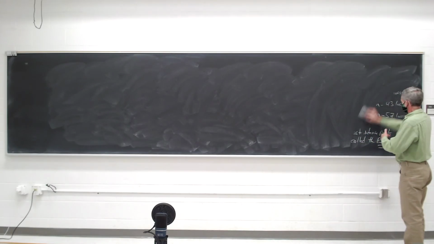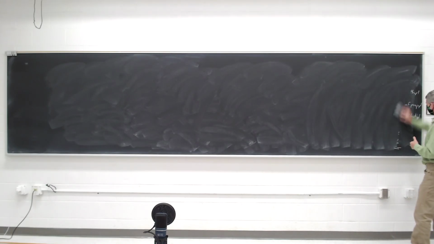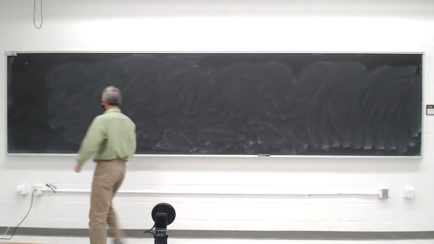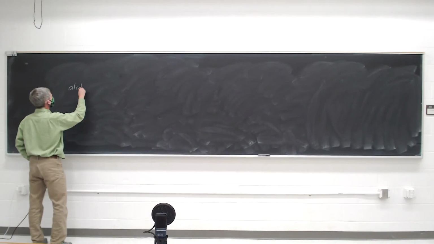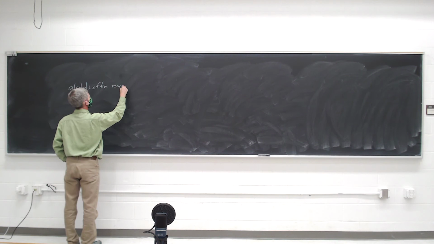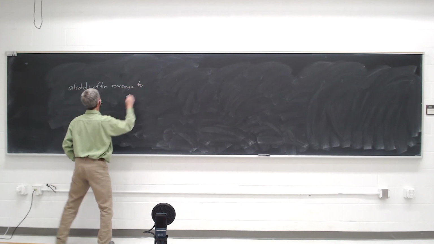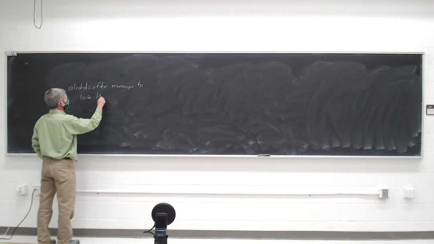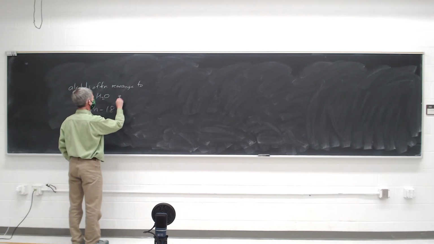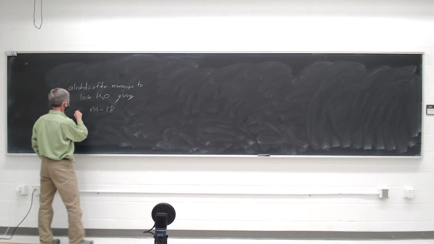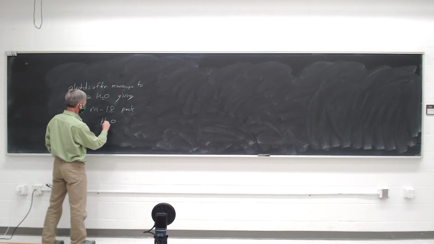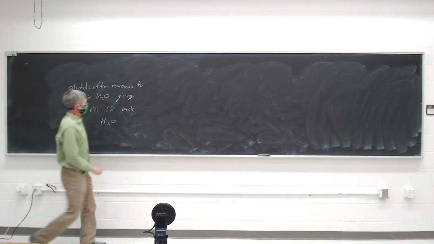A very common rearrangement for alcohols is to lose water. And they give an M minus 18, because H2O has a formula mass of 18.